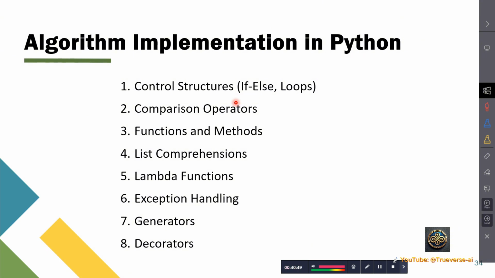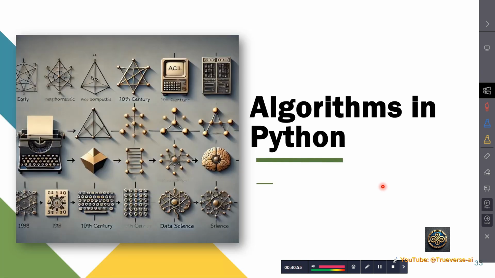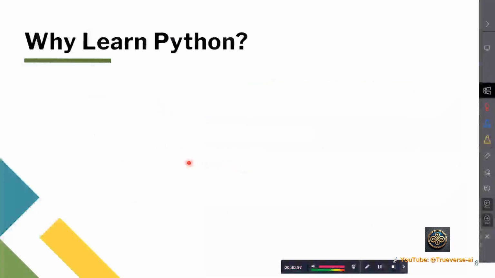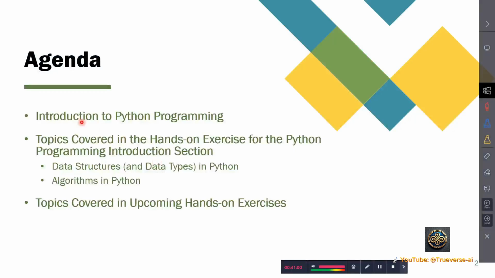So the Python section is finished. Congratulations. You may remember we talked about the two parts: introduction, the beginning of Python, finished. For the detailed hands-on practice, we need data structure, data type finished, algorithm also finished.